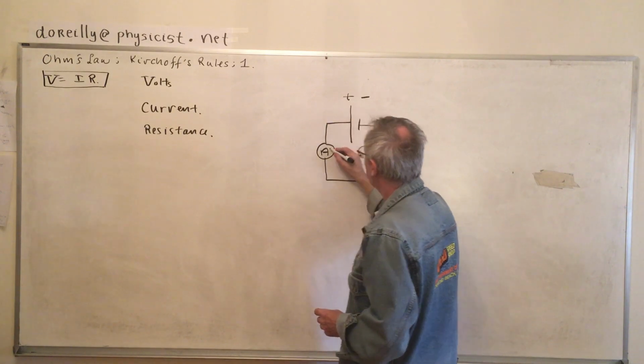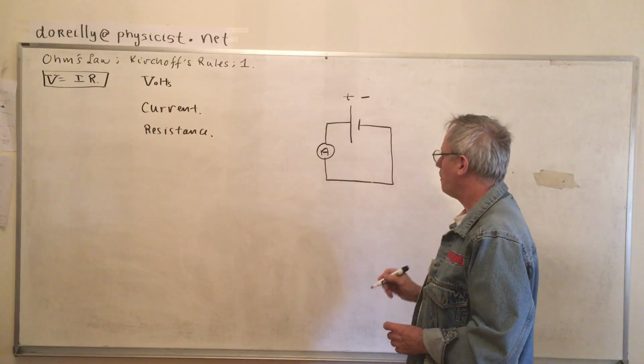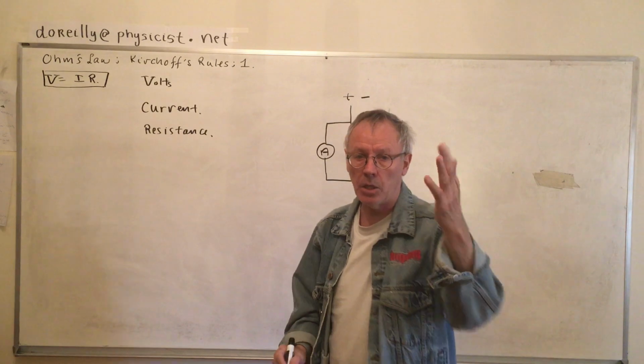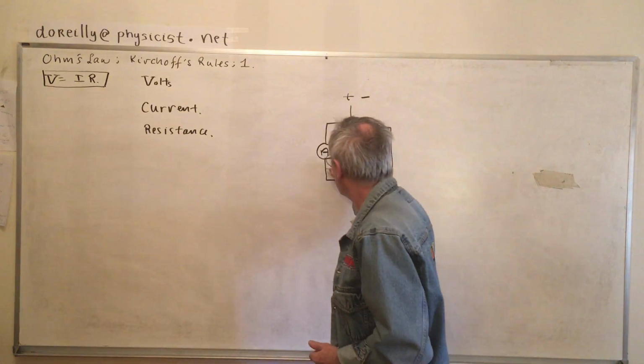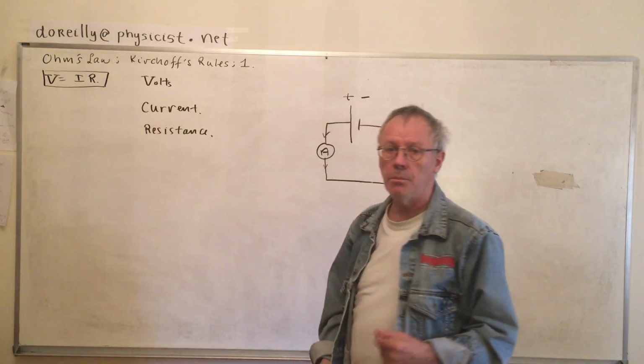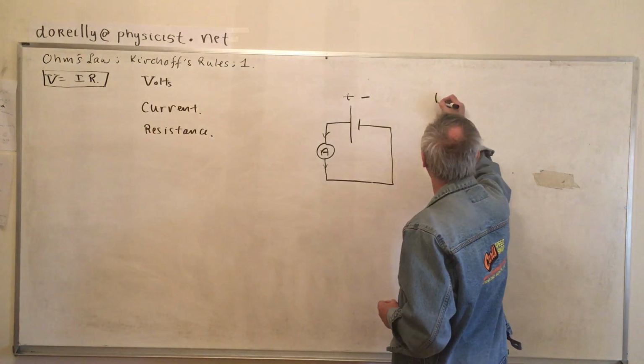Now, an ammeter counts the current. What does that mean? It counts not the number of kilograms going past or through it per second. An ammeter counts the number of coulombs of electricity.